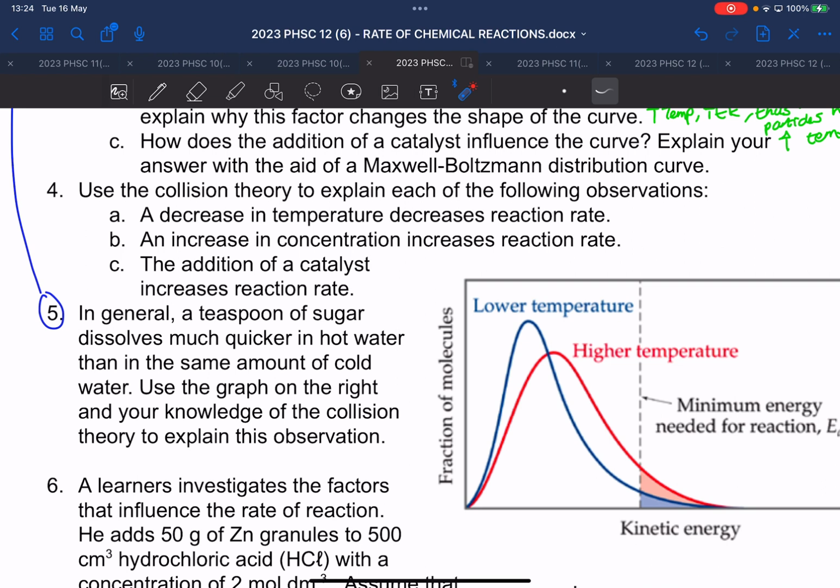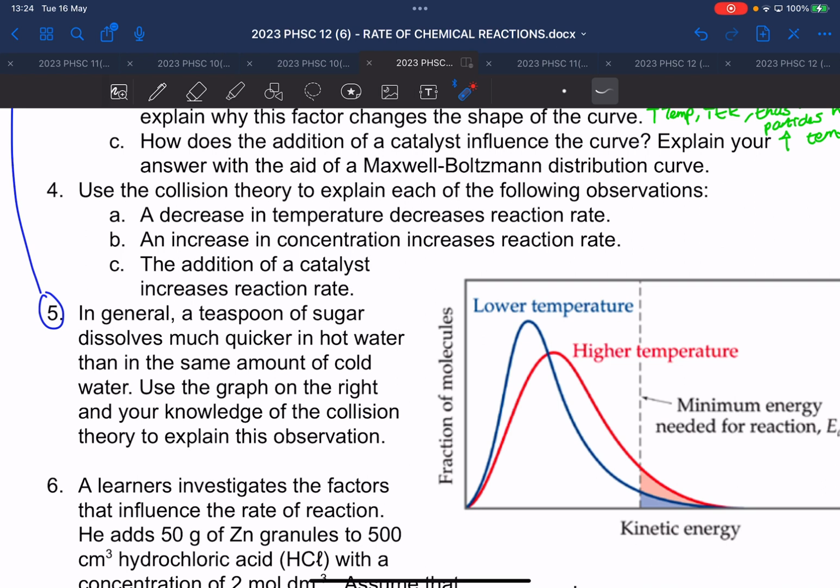Concentration increases, so the number of particles increases. Therefore, more effective collisions per unit time, thus the rate of reaction increases.